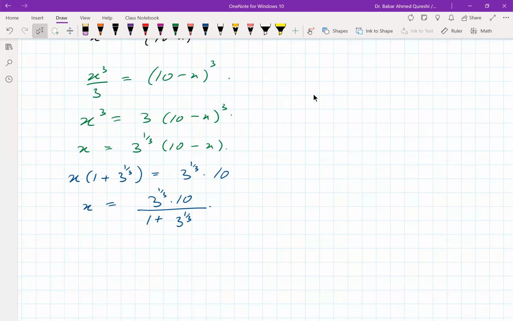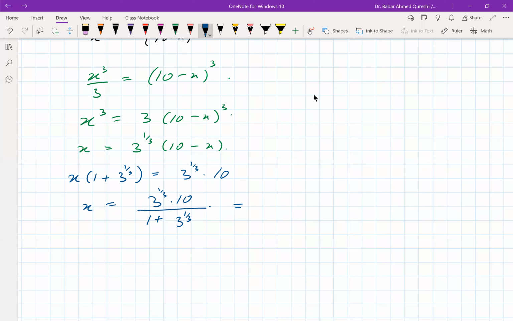If you compute this number, the cube root of 3 is 1.4422.